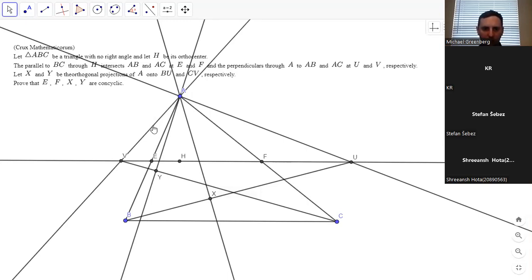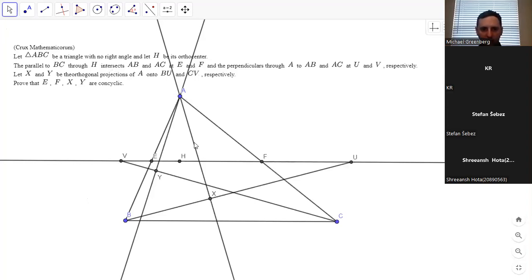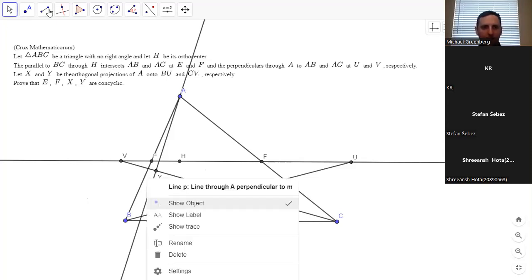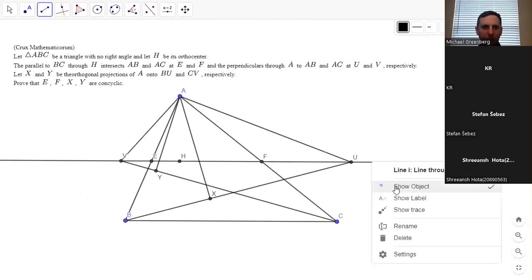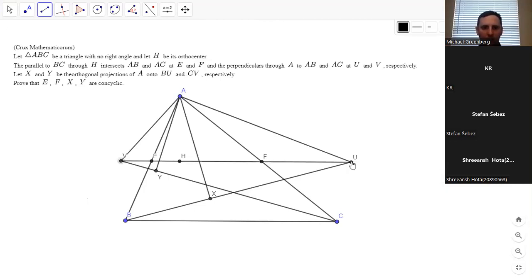All right, let's draw all those in, Y, X, U, V. A also lies on that circle.